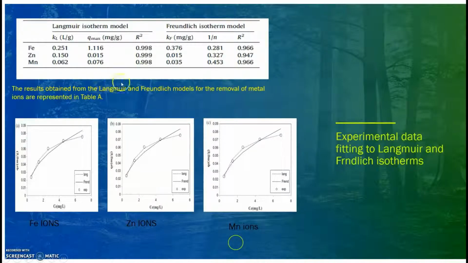For the correlation coefficient R2, we can see that for the Langmuir isotherm model, the value is higher than the Freundlich isotherm model.